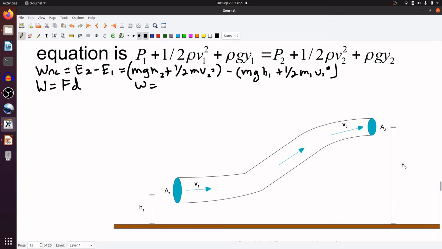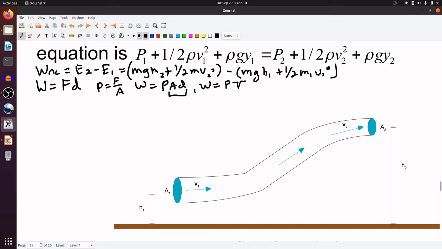So solving for F, my work is going to be P A times d. Any type of area times some sort of third dimension is going to be volume. And so you can actually express work as pressure times volume, which we're going to deal with a little bit more in some later chapters.